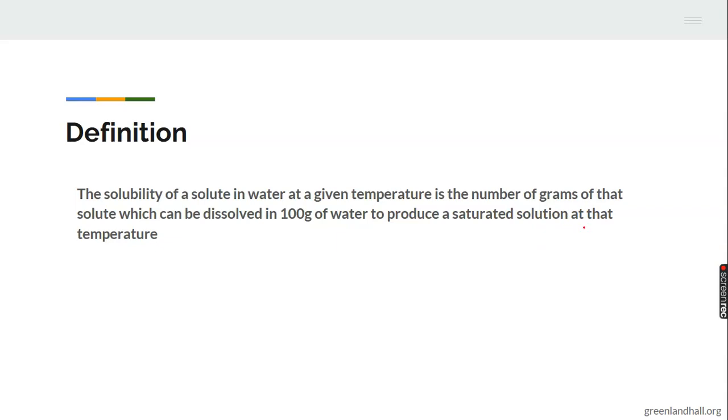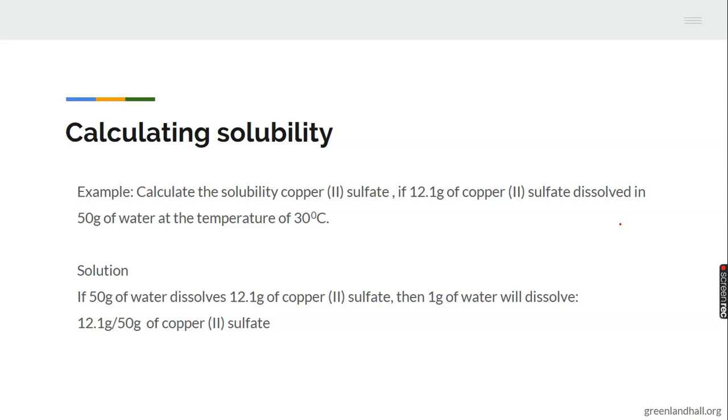When you are talking of a saturated solution, that means the amount of solute that a solvent can dissolve at that particular temperature, provided the temperature is not increased. Of course, if you increase the temperature, the solubility can be increased too. Don't forget that.